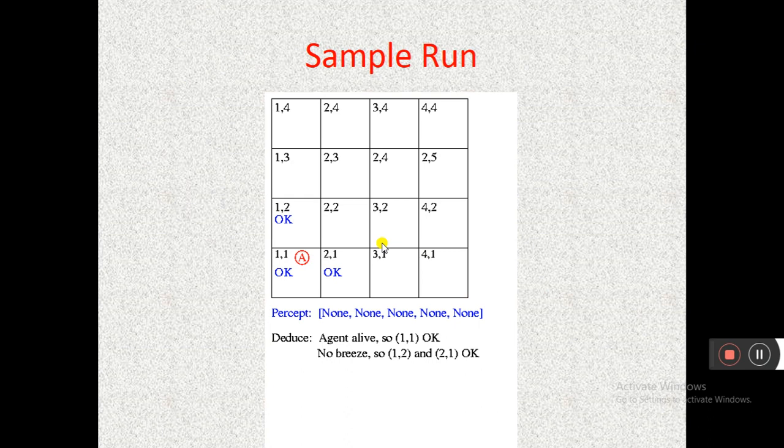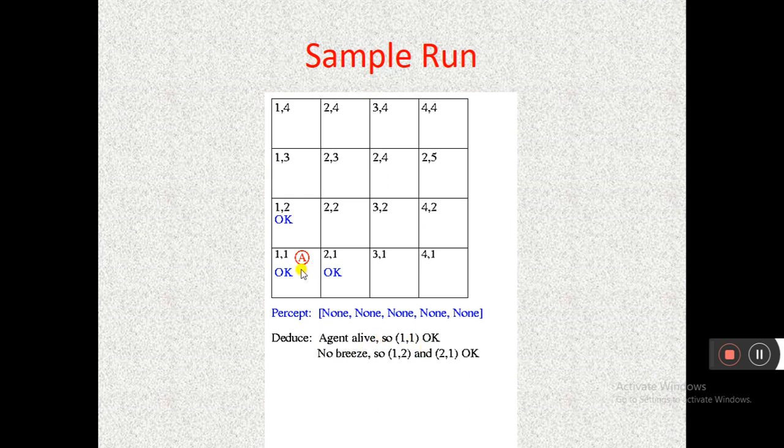And finally, we have the simple run for this game. You have to consider this line, perception. Perception means what this agent is perceiving from the nearby boxes. What does it deduce? It deduces the agent is alive, so 1 1 is okay.